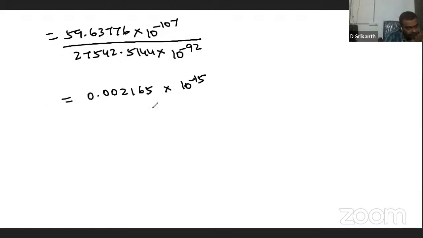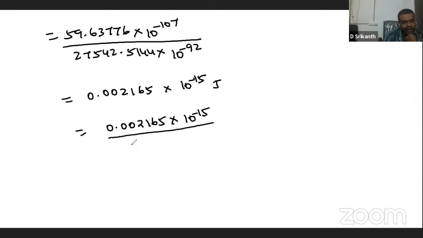So this is in joules; convert into electron volt: 0.002165 into 10 power minus 15 by 1.6 into 10 power minus 19 electron volt.